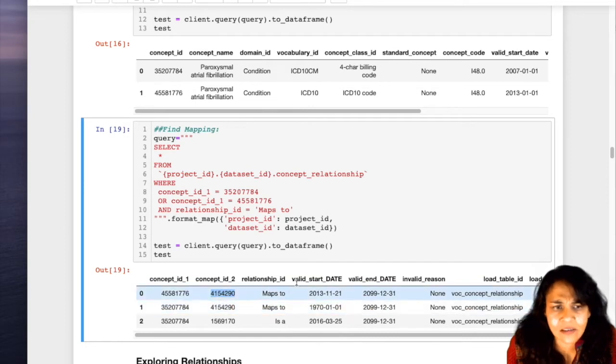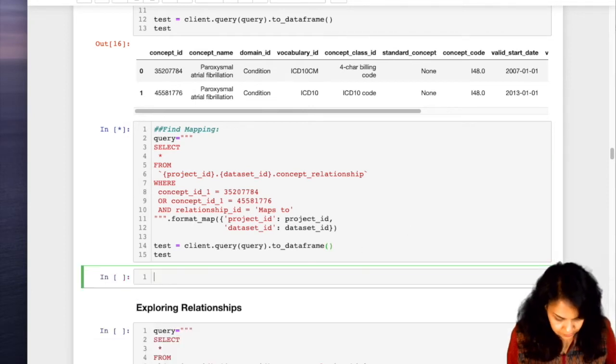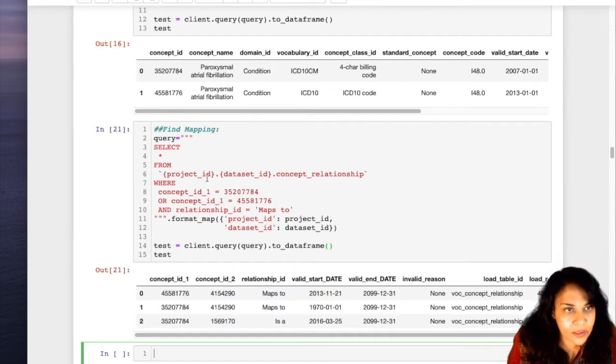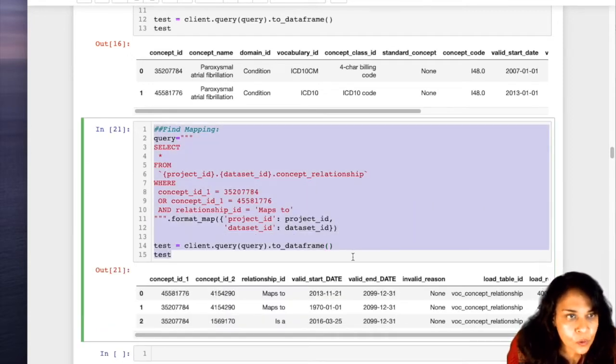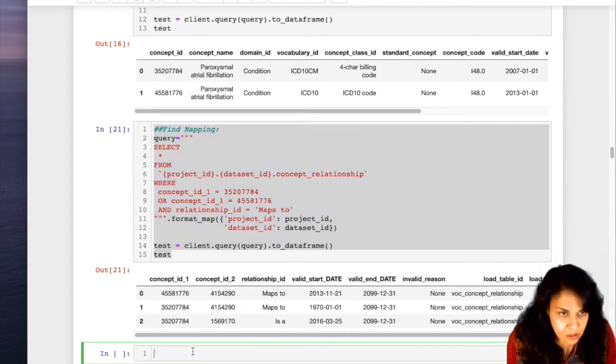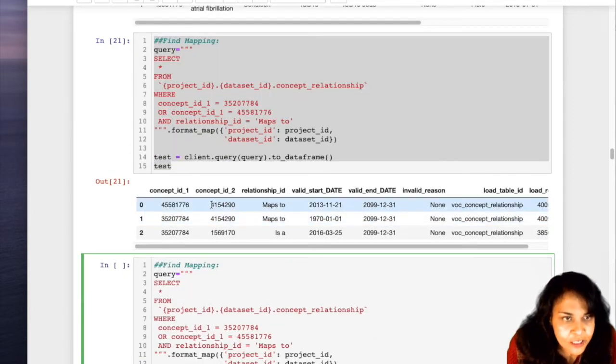So what standard concept is this? We can find that out. Let's go ahead and do that query. What I'm trying to find out is the name of this concept.